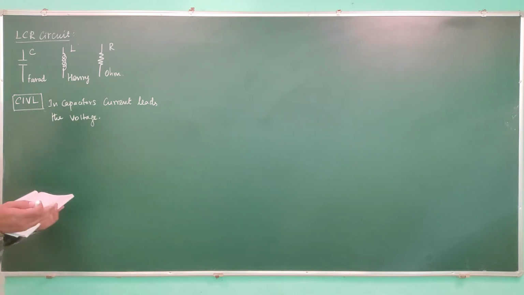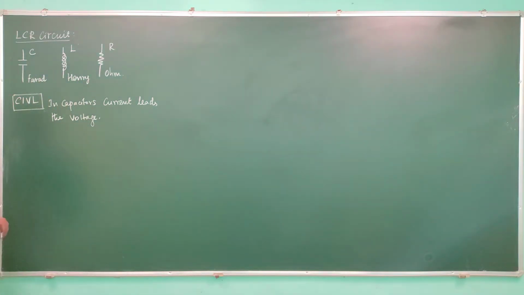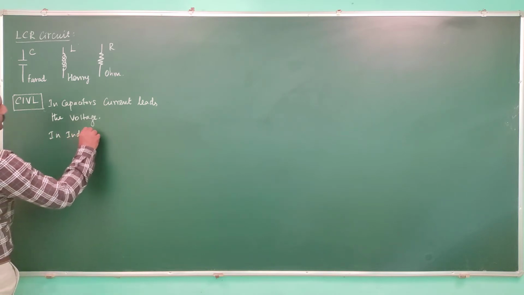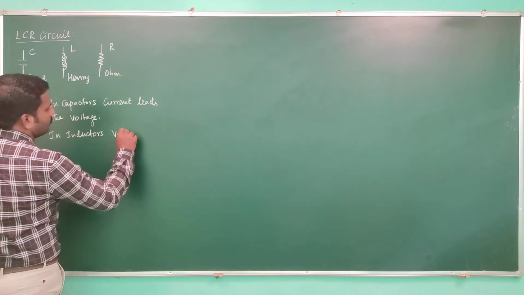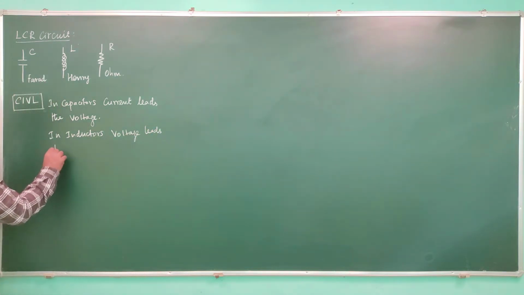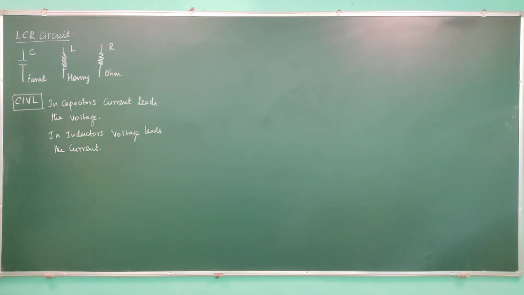The output current leads the input EMF. Likewise, you can see in inductors, voltage leads the current. That is, the output current lags behind the input EMF, right?